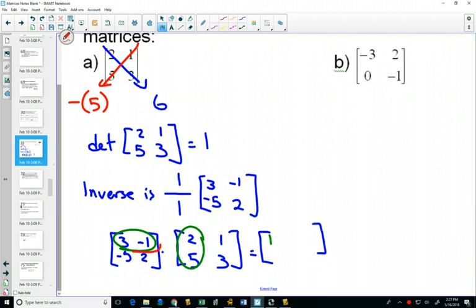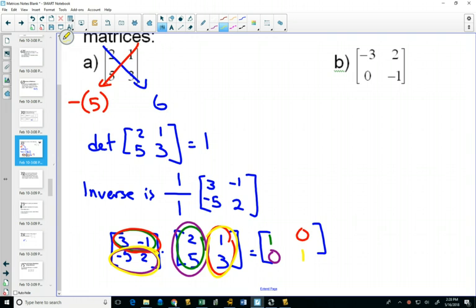If I do row 1 times column 2, I will get 3 minus 3, which is 0. Row 2 times column 1, -10 and 10 is 0. And finally, row 2 times column 2, you get -5 plus 6, which is 1.